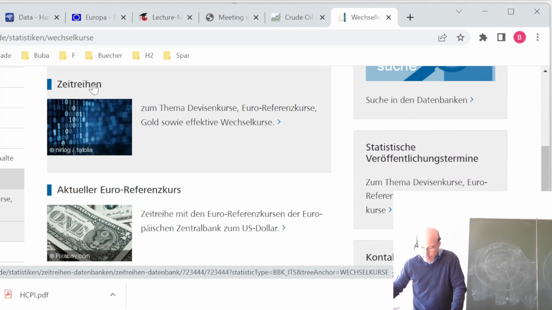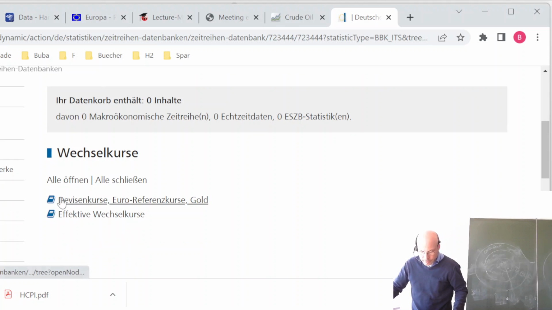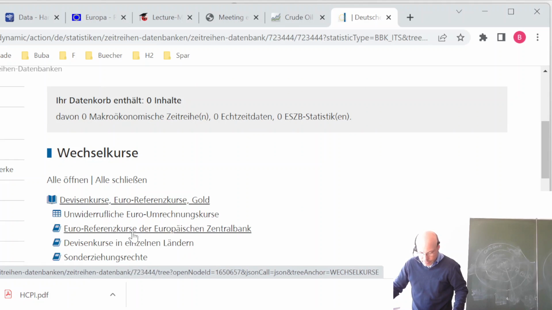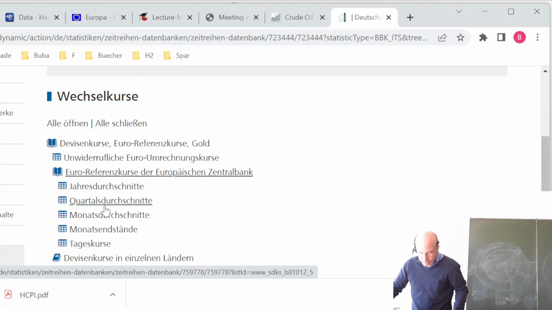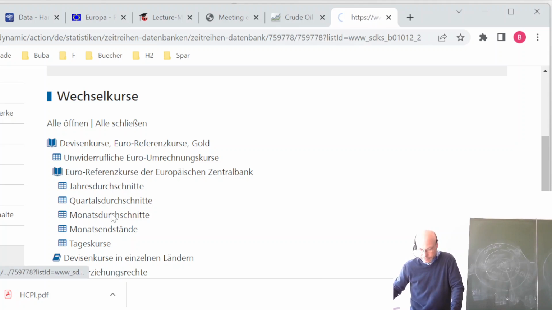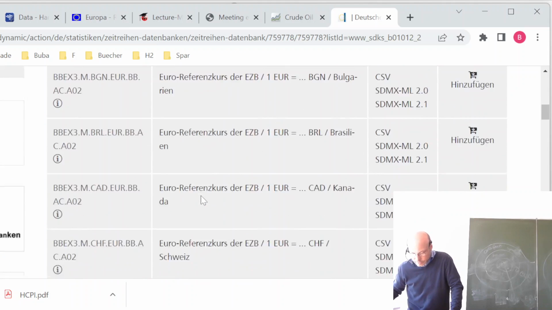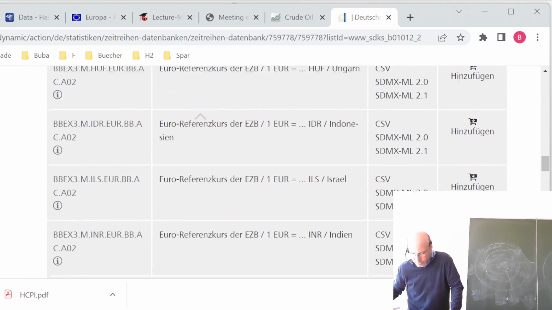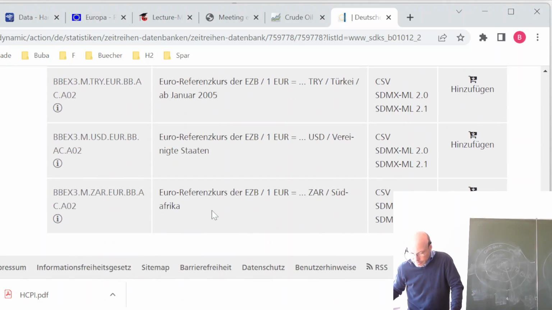And time series, exchange rates, and we want to have average monthly exchange rates. And then we have here United States, should be then in the end. Here, United States.